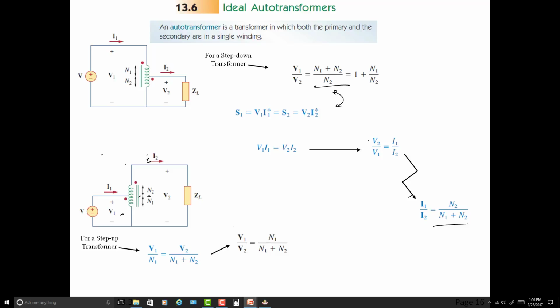And V1 over V2 is the inverse of the ratio, it's N1 over that sum. But pictorially, it just makes a lot of sense. This is how a step up is going to look. And we can do the same factoring and come to 1 plus N2 over N1, for the current, that is.